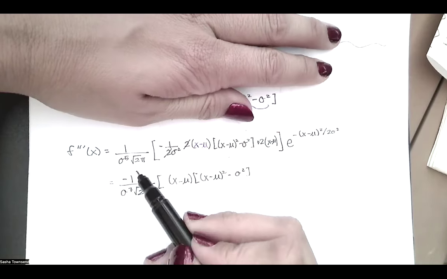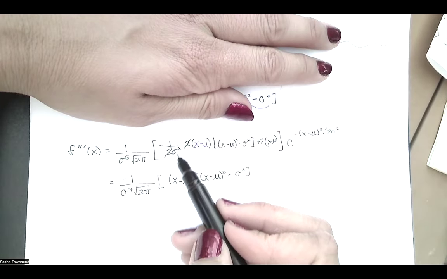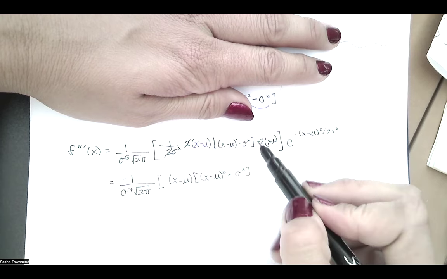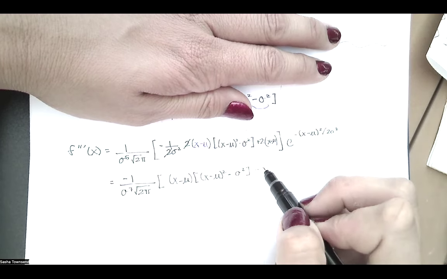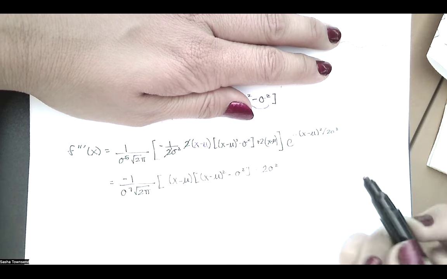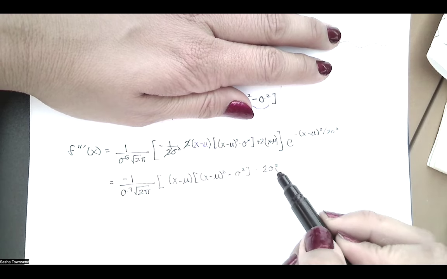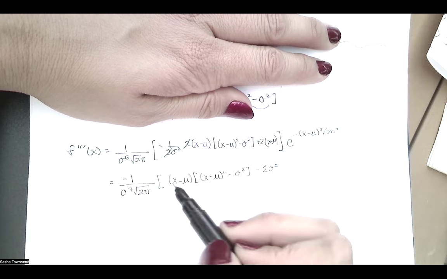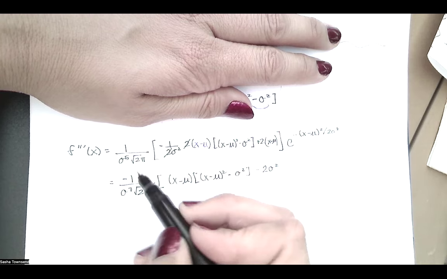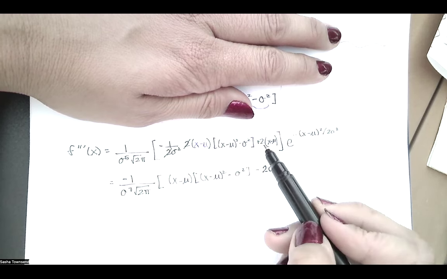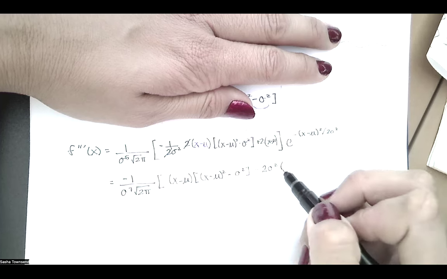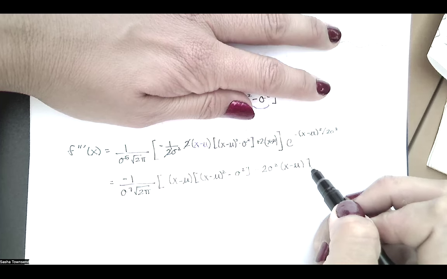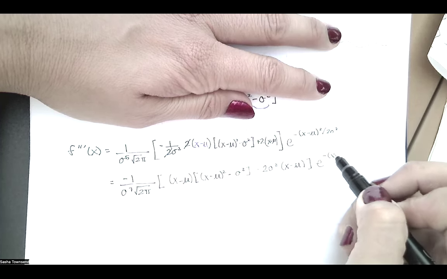When I factored out that negative 1 divided by sigma squared, that affects this factor. I need to multiply it by negative sigma squared so that dividing by the factored-out negative sigma squared, I just get that positive coefficient of 2 here. And we're multiplying by that exponential again.